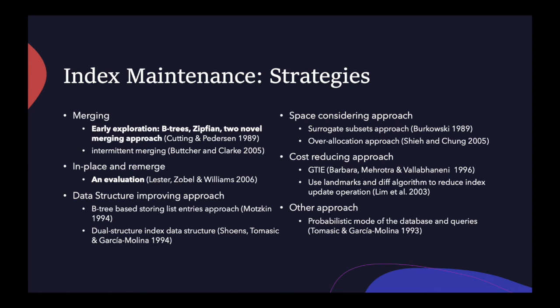They point out that B-trees are an effective tool in implementing indexes. They present novel merge update approaches that perform better than straightforward block update and reduce space requirements without sacrificing performance.